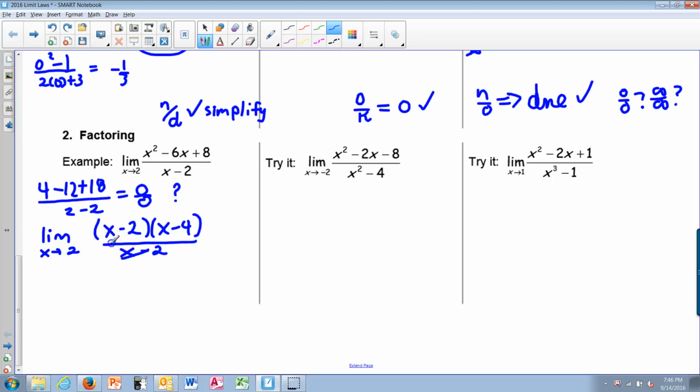I can now cancel. Technically, my limit simplified is the limit of x minus 4. And once I substitute in, 2 minus 4 gives me a -2. Try factoring and simplifying for the other parts of question 2.